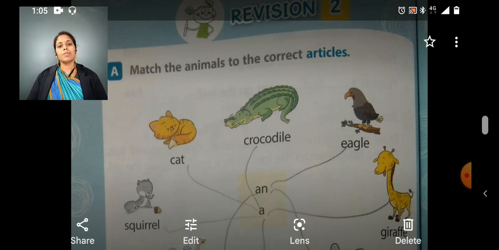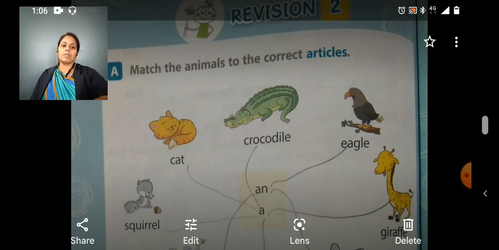If the first letter of a word is a vowel letter, there you can use an. And if the first letter of a word is a consonant letter, there you can use a.